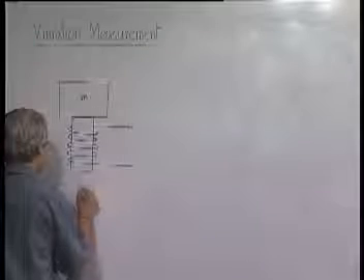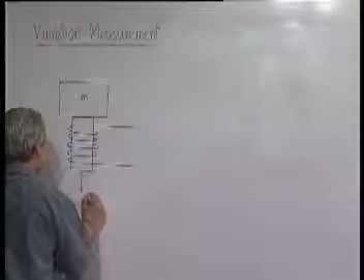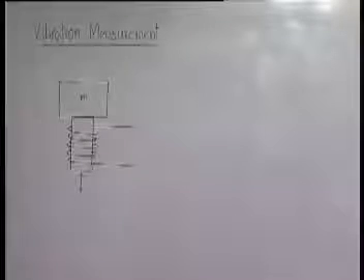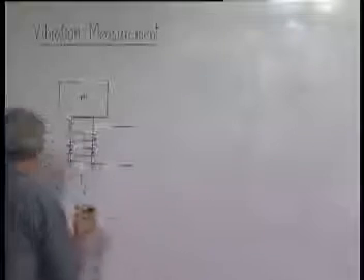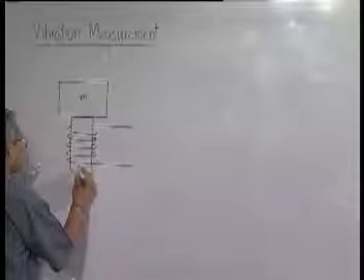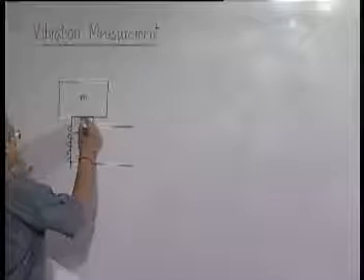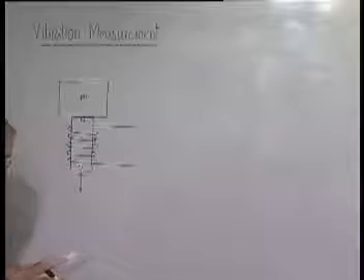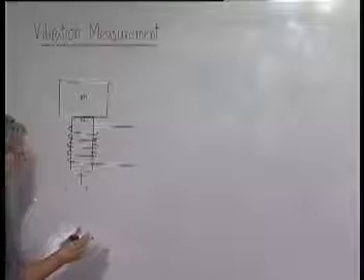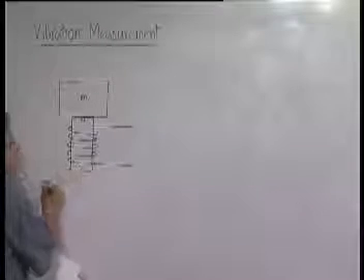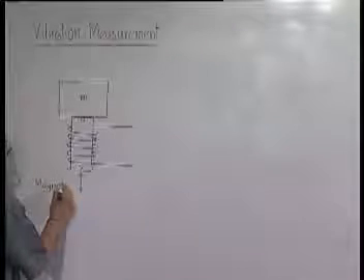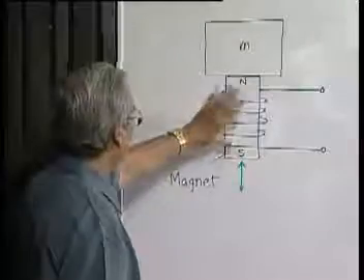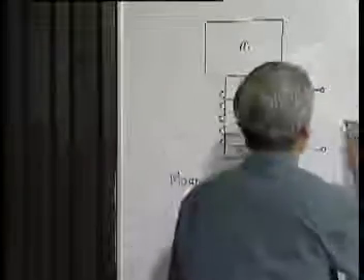This end is subjected to vibration. This is the magnetostrictive material, where this is the south pole, this is the north pole. So what will happen now? You will find a voltage will be generated.